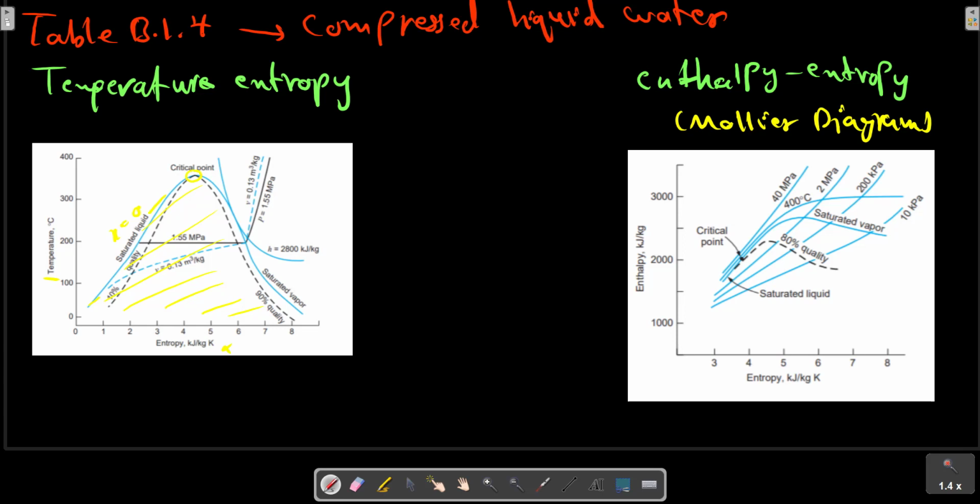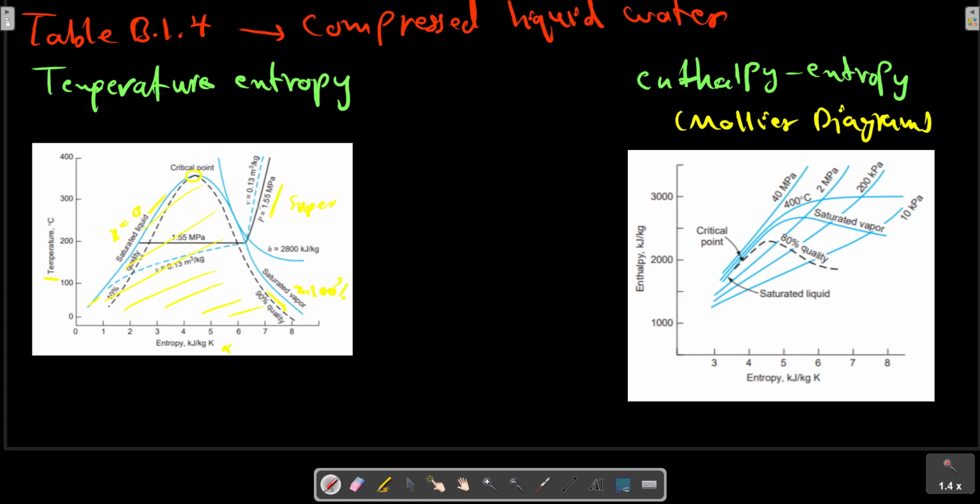We also have saturated vapor, with quality 100%, and other quality lines illustrated in this picture. We have superheated vapor.